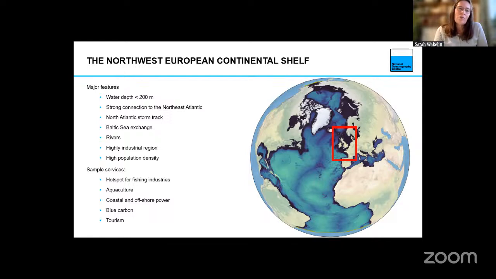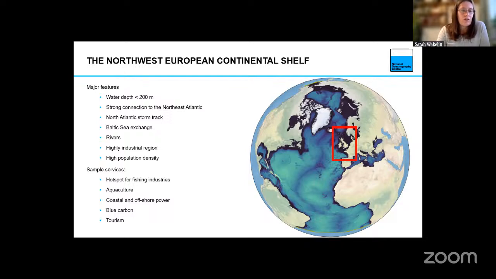And just an example of some of the services that we get from this particular area of the sea: it's an area of high productivity, high growth of phytoplankton, which leads it to be a hotspot for fishing industries. There's a lot of fishing that goes on there, and also aquaculture activities. There is a lot of extraction of energy, coal and gas rigs, and increasingly offshore and coastal renewable energy.